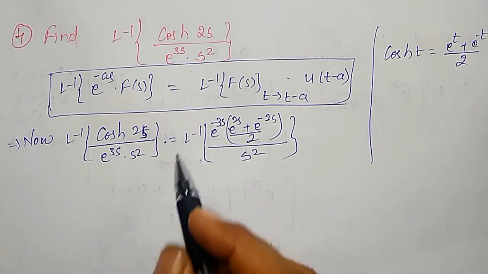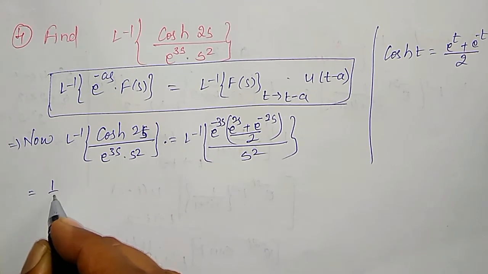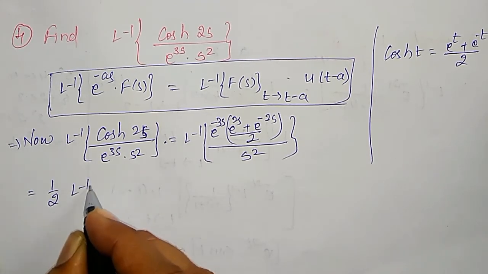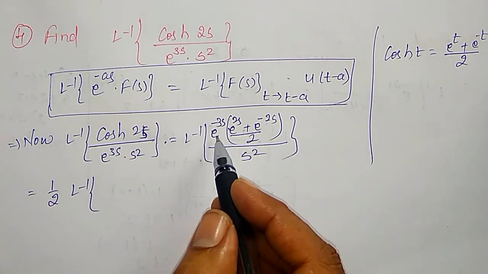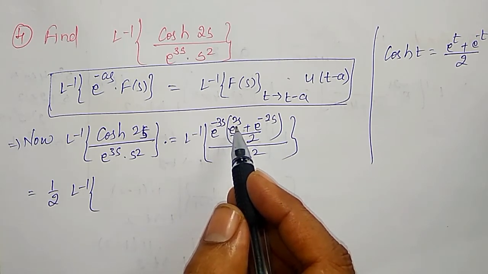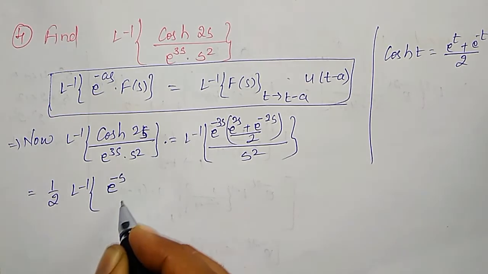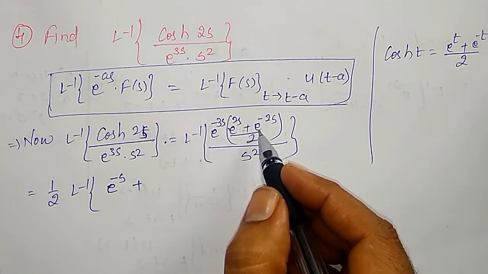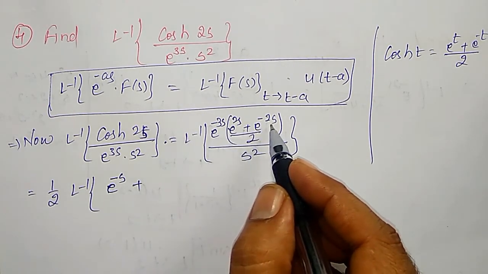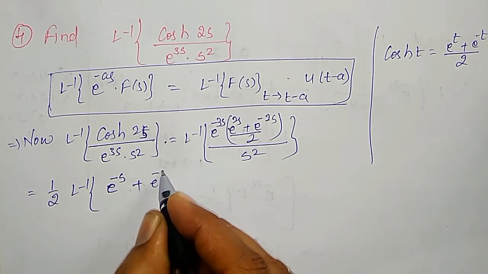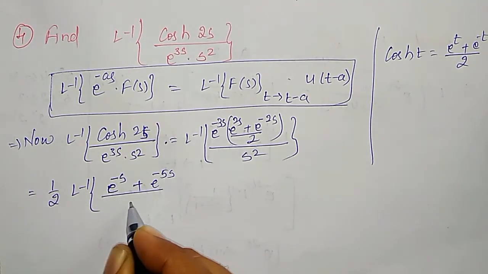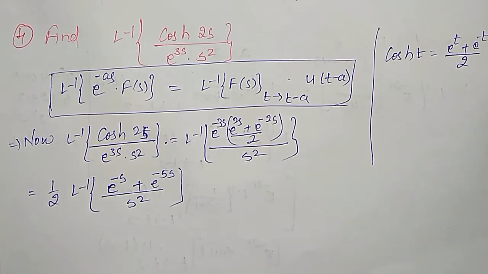Then this 1 by 2 I will take outside, and I can write it as 1 by 2 times inverse Laplace transform of e to the power minus 3s into e to the power 2s, which will become e to the power minus s, plus e to the power minus 3s into e to the power minus 2s, which will become e to the power minus 5s, divided by s square.